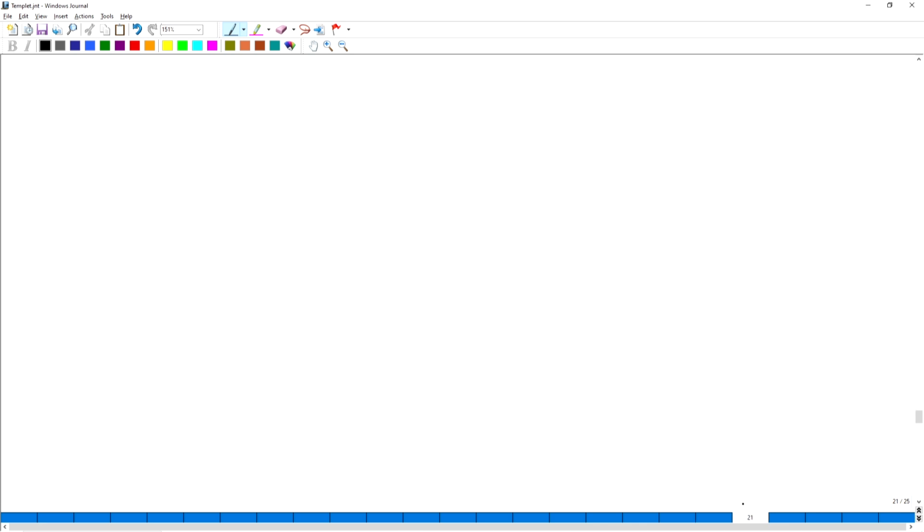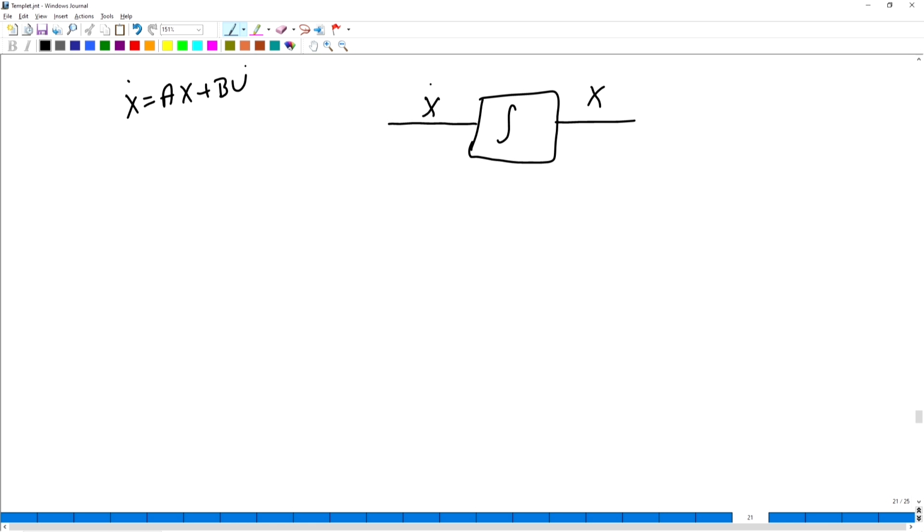Now let us draw a block diagram for this as well. Here we have only one integrator. This is x dot which is yielding x. This is multiplied by A, since x dot equals Ax plus Bu, or BT in this case. Now remember, this A is a matrix now.